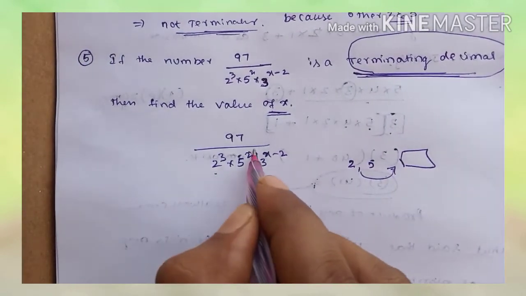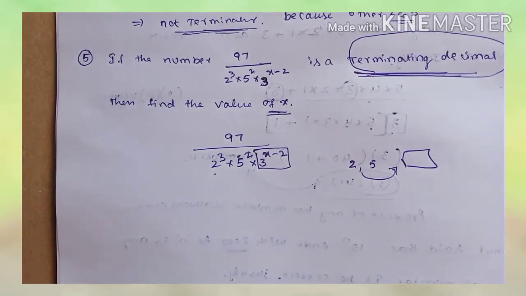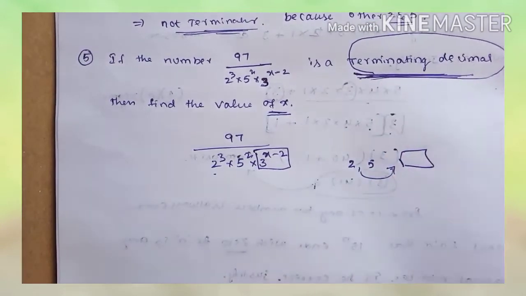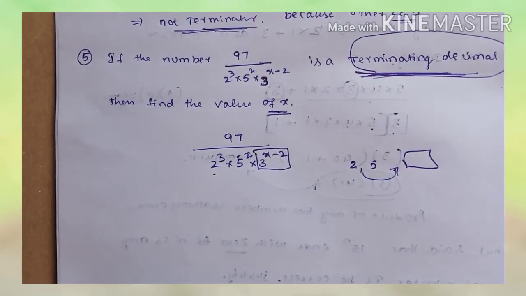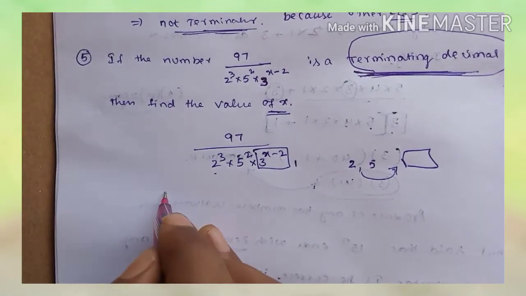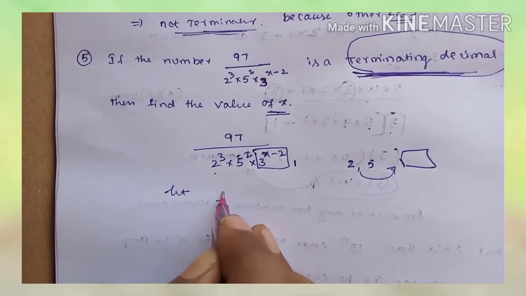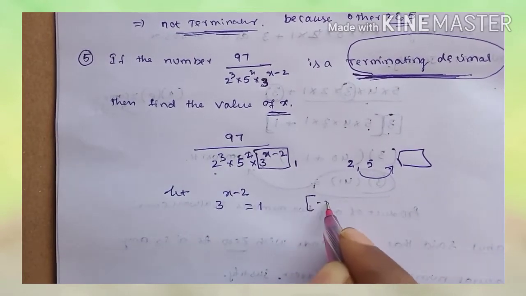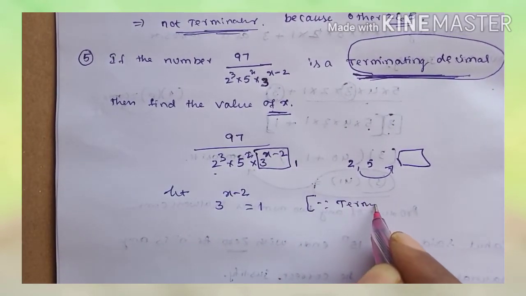Any other factor should not be there in the denominator. But you got the value 3 to the power x minus 2. That should not be there in the denominator, so that it represents a terminating decimal number. How can you remove it? By the place value as 1. So let 3 to the power x minus 2 be equal to 1, because the given number is what type of number?